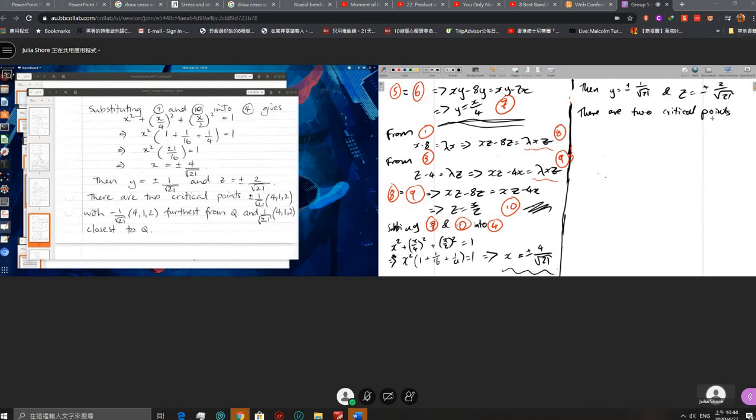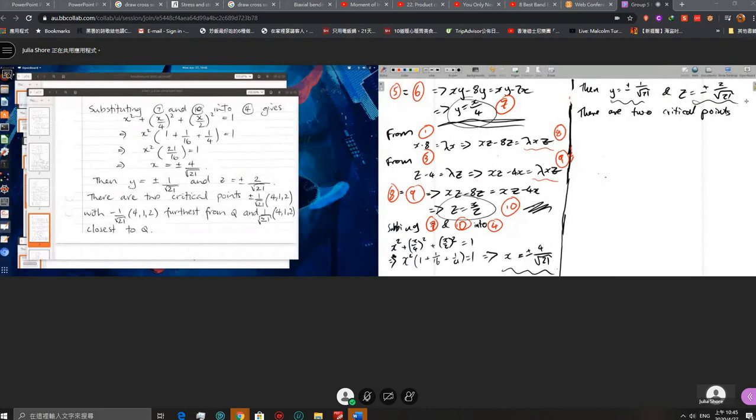So one thing to consider here is when we found y and z in terms of x, there wasn't an x squared in there or anything. So that means when x is equal to positive 4 on root 21, the y and the z are also both going to be positive. So you need to remember how to interpret the plus or minus.